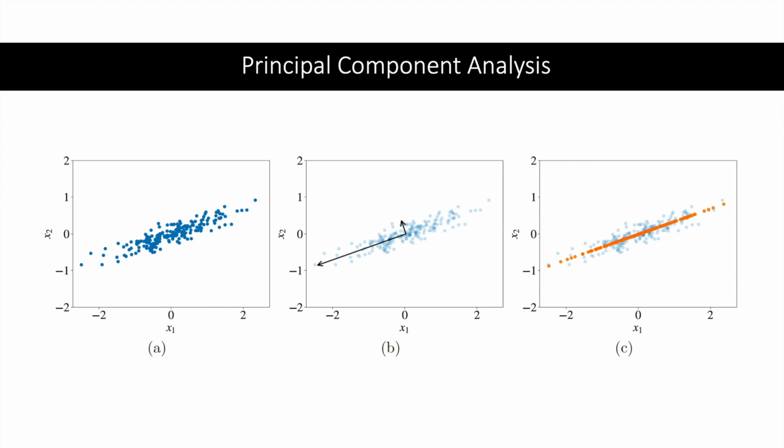To describe each orange point, we need only one coordinate instead of two: the coordinate with respect to the first principal component. When our data is very high dimensional, it is often the case that the first two or three principal components account for most of the variation in the data.